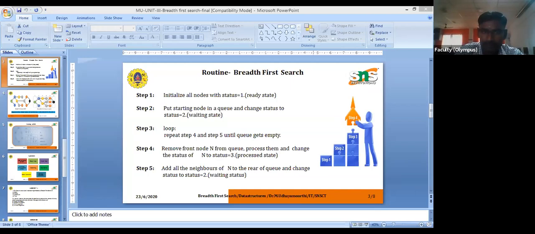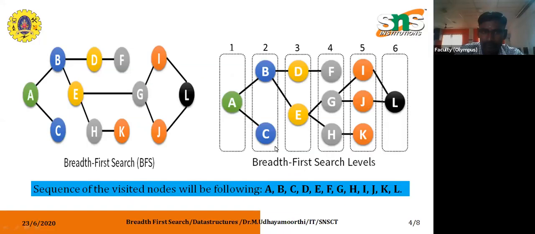It is the order of arrangement of how the breadth search is happening in a graph in normal thing.